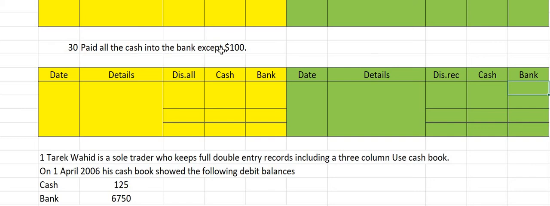Cash usually has a debit balance. That means balance brought down should appear on the debit side. That means balance carried down will appear on the credit side. So it's April, so 28/4/06. You enter it as balance carried down. Let me reconfirm the month.